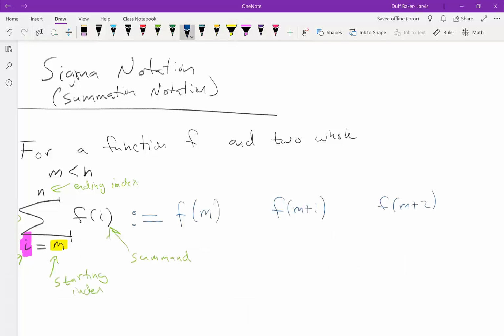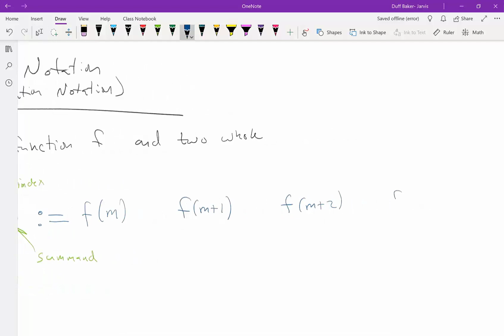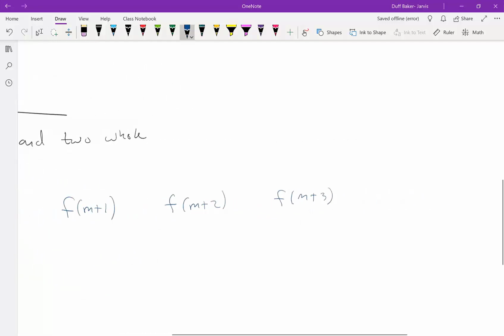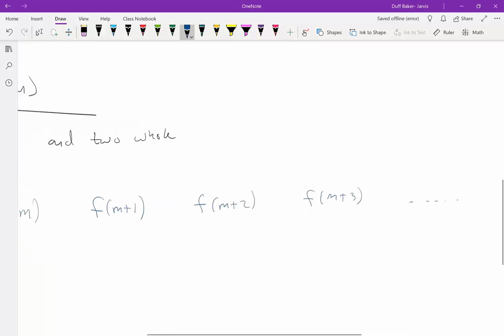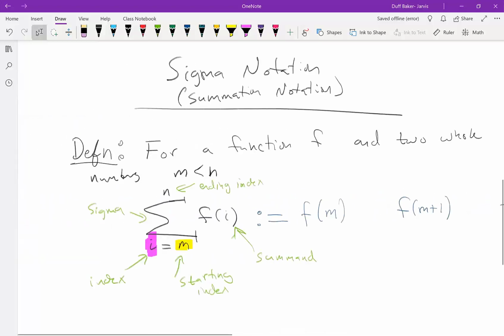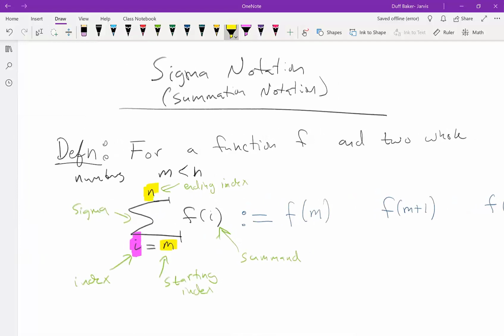And if you've ever done a little bit of coding, you might recognize this as a for loop type of thing, and that's essentially what it is. So you would keep doing this until, so when do you stop? The top number, the n, tells you when you stop.